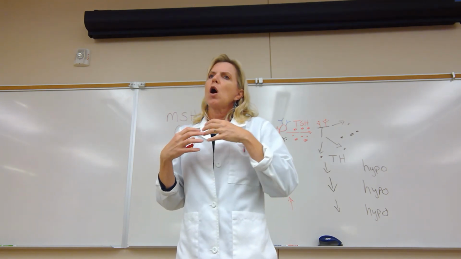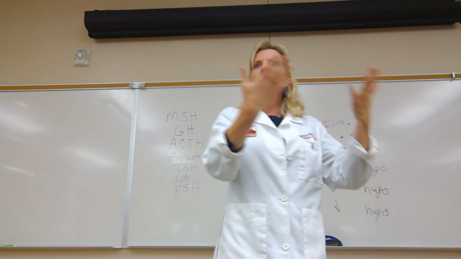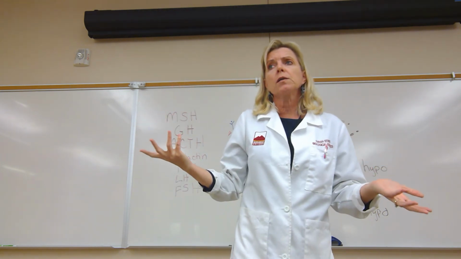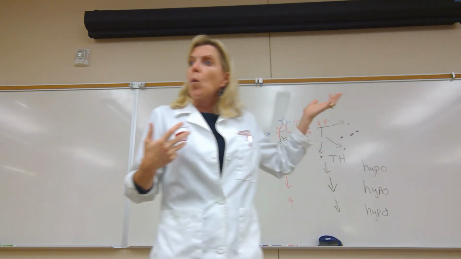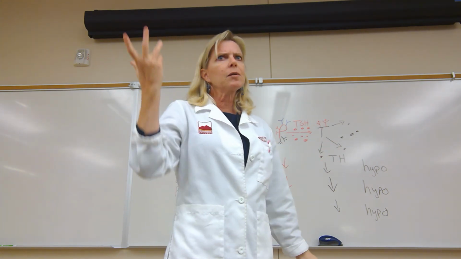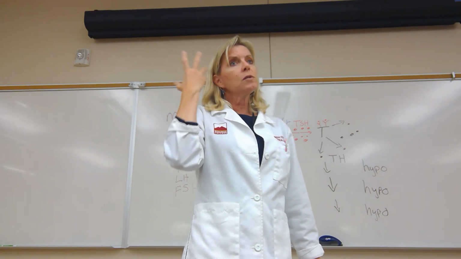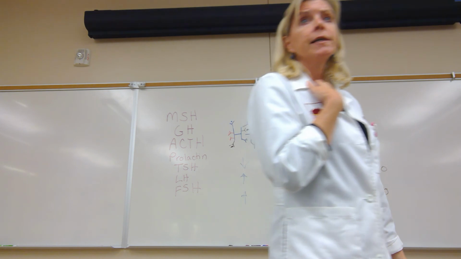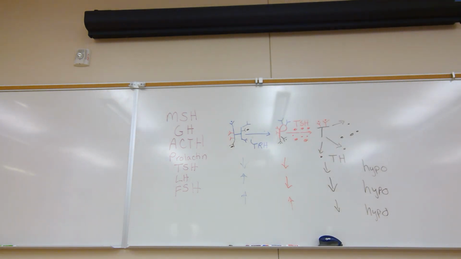So we say overproducing tumor or underproducing tumor. So if there's a tumor that's causing these things, we need to go after that, right? We need to address that. A hypothalamic tumor, not good. Pituitary tumor, easier to deal with. Thyroid gland, take the bugger out.